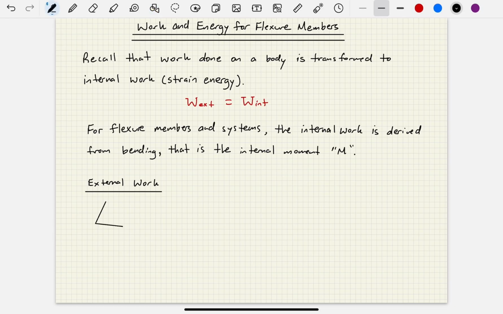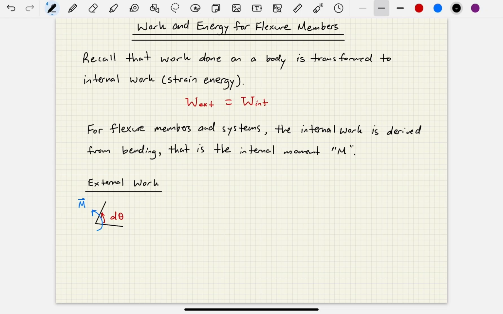And I'm going to call this angle right here of rotation d theta. And let's say that I have a moment in that direction that's rotating through that d theta, okay? So what will that tell us? What is the work done from a moment? Well, remember the basic definition of work or even energy from physics. It was a force times a displacement in the direction of the force.